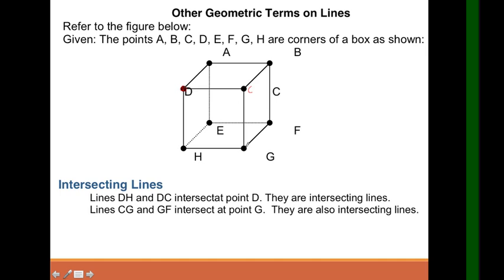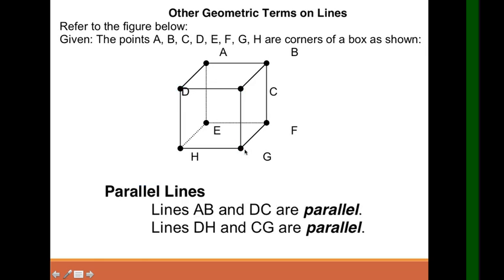CG and GF intersect at point G. So they are intersecting lines. Another, we have lines AB and DC. AB and DC are parallel, correct. DH and CG are also parallel. Tama. Lines that never meet.